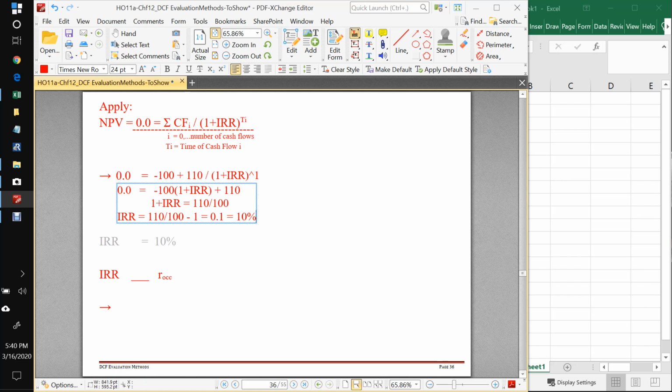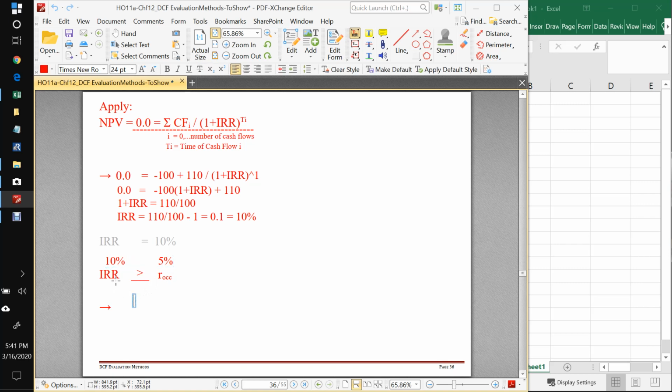Okay, so that's pretty good here. Let me just back this out, make this all look a little prettier. All right, so we find our IRR is equal to 10%, and that is greater than our opportunity cost of capital. 10% is, in most circles, greater than 5%.